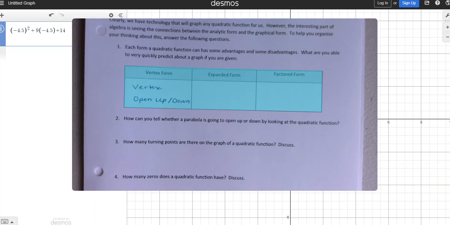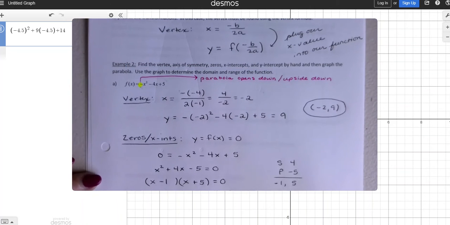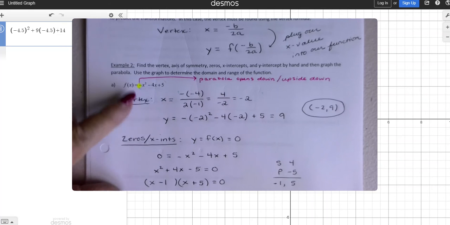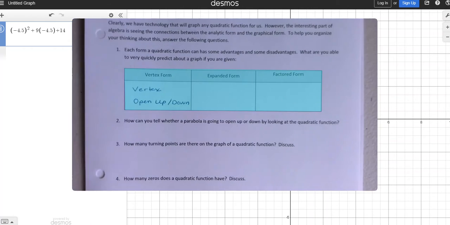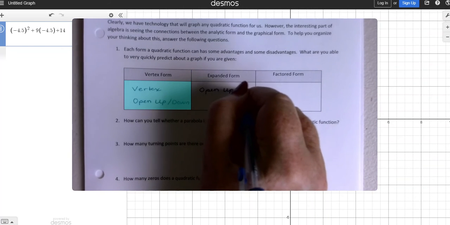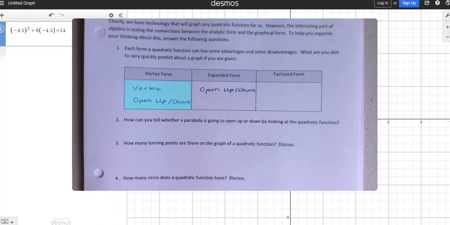Now, if you remember the standard form, something like this. It took more work to find the vertex. We had to use a formula. We could predict whether it opened up or down very quickly.